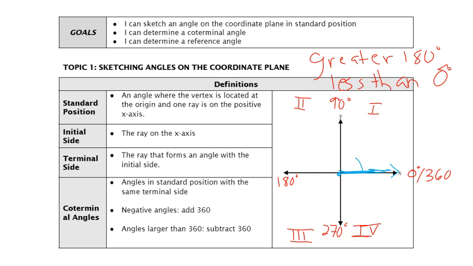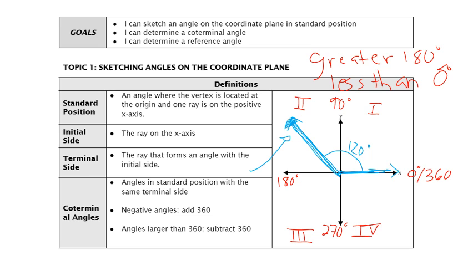Let's say I draw an angle that's between 90 and 180, maybe this is like 120. The other side of that angle is the terminal side. The angle lies in quadrant 2, because we always name it by the terminal side, and that's this side right here. So we would say that 120 is in quadrant 2.